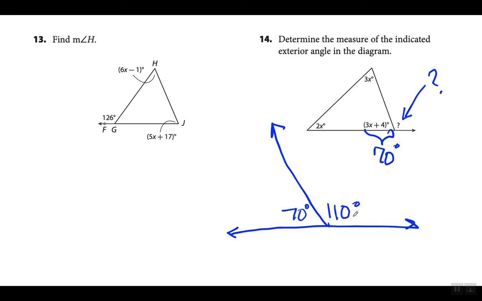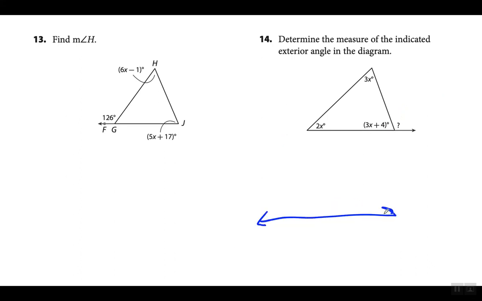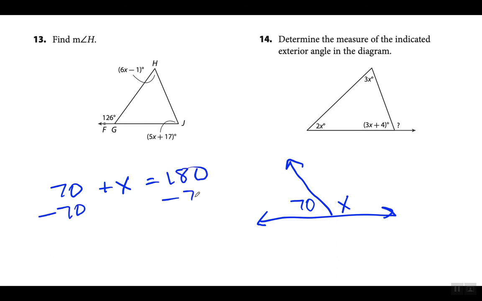This one has to be 110, alright? To put it another way, if this is 70 and this is x, 70 plus x has to equal 180. Alright, so if you subtract 70 from 180, that angle has to be 110. Alright, so the answer is 110 degrees.